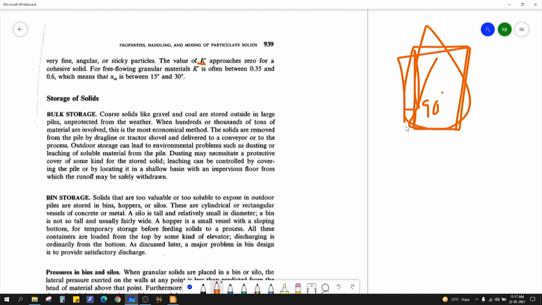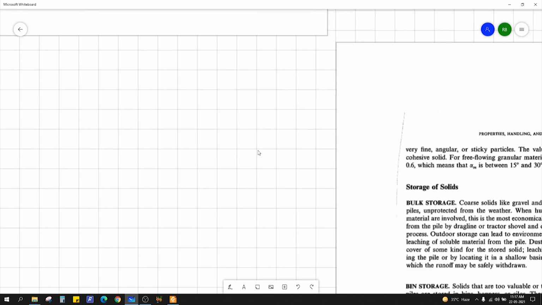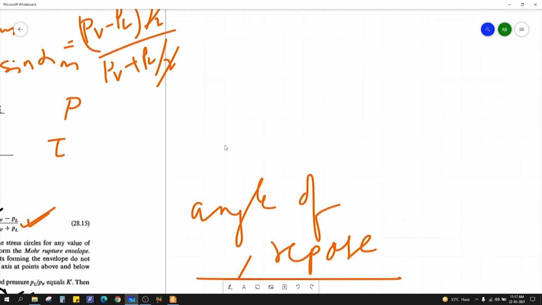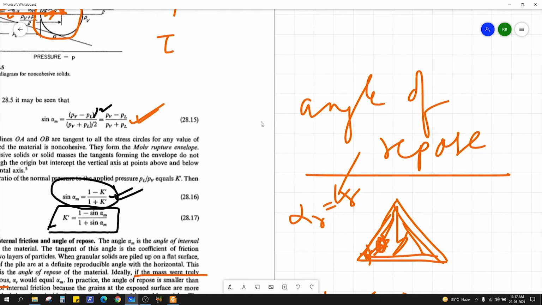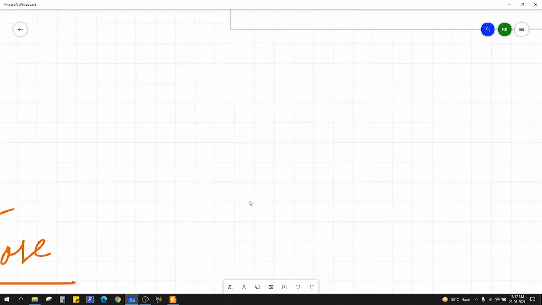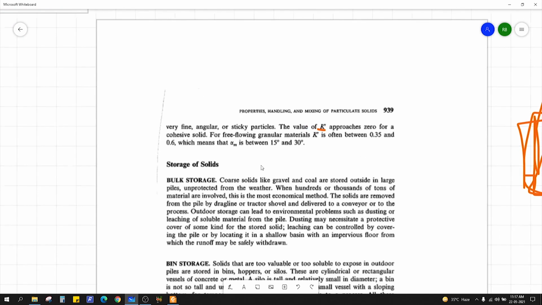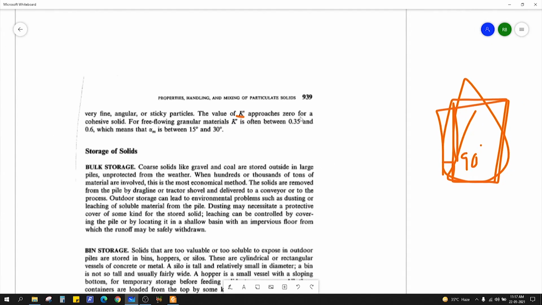If you put 90 degrees in this formula, sin 90 is 1, right? 1 minus 1 is 0, and 1 plus 1 is 2. So 0 by 2 is 0. So K dash is 0. For very cohesive solids, K dash approaches 0.